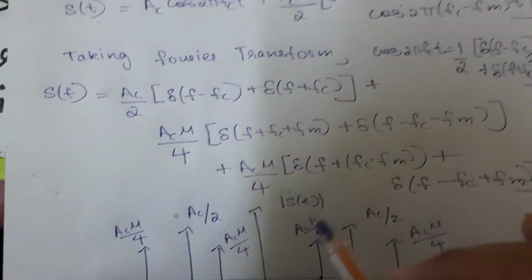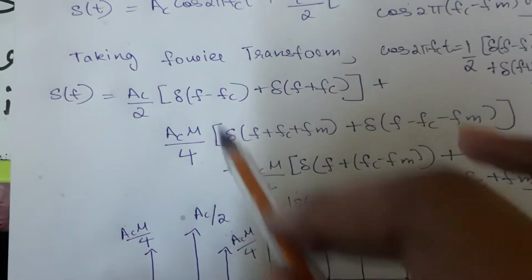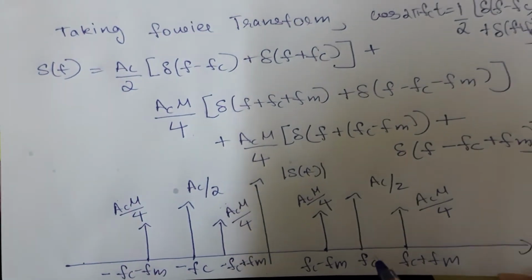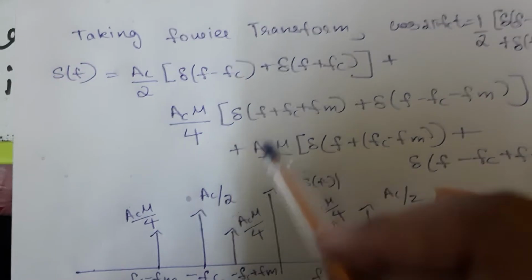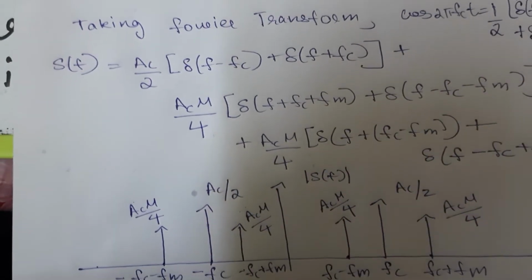This means a delta function of magnitude Ac by 2 at fc and a delta function at minus fc of magnitude Ac by 2. So that part is done.